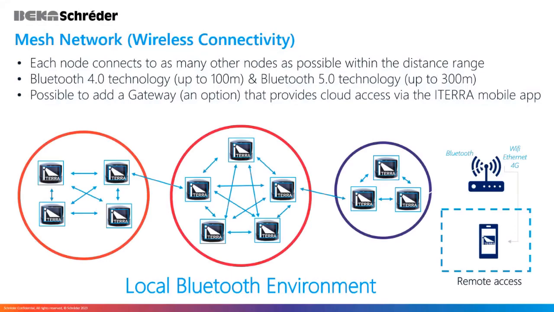This is also including certain gateways if you need to extend that. But as you can see here, we've isolated certain mesh network specifically to where your needs are. It's a self-healing mesh network, and it will connect accordingly. We will go into more detail of that.